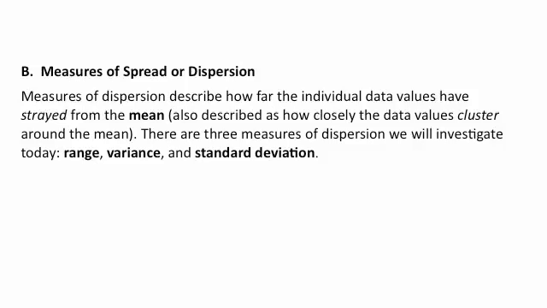And this describes how closely the data values cluster around the mean. So some data sets will be very, very spread out. There's lots of variety in the data. Some data sets will be very, very close to the mean value. There are 3 measures of dispersion that we're going to investigate, and that's range, variance, and standard deviation.